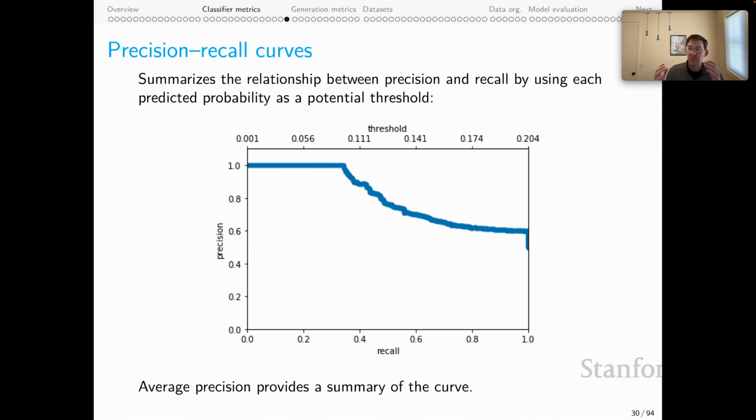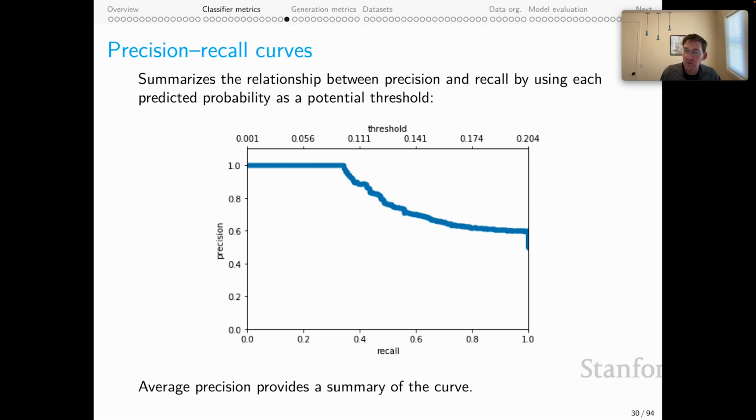This offers much more information about trade-offs between these two pressures and could make it much easier for people to align system choices with the underlying values that they have for their system. So I know it's impractical to ask this because the field is fairly focused on single summary numbers, but I think it could be interesting to think about precision recall curves to get much more information.